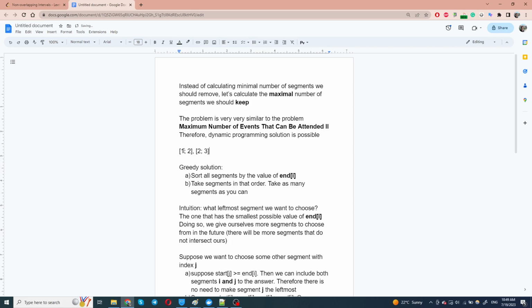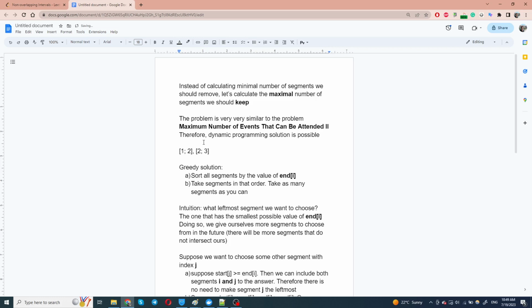But in this problem, it's okay to actually keep both of the segments with these coordinates. We can keep 2 segments in this case. But it's not very important. It doesn't change our solution much. We just need to change some less than or equal to less than or something like that in our solution. So it's very, very similar.